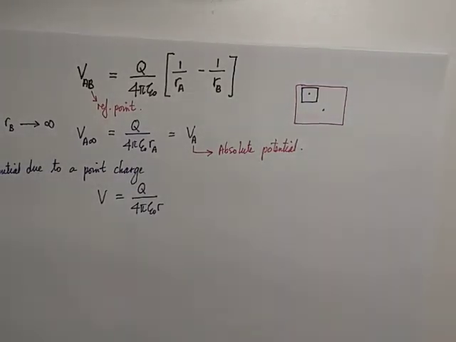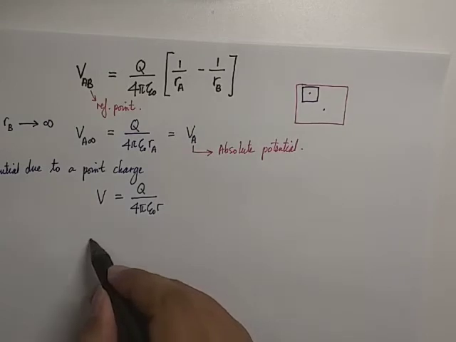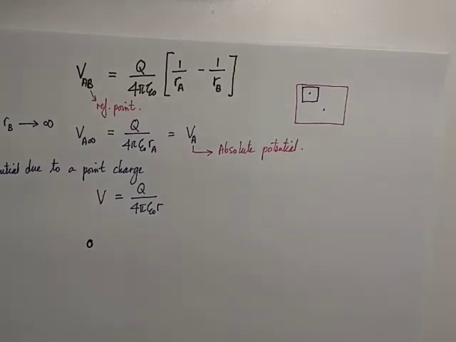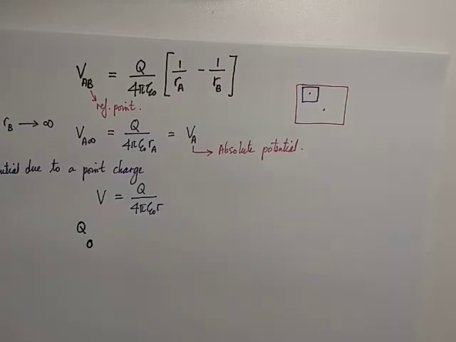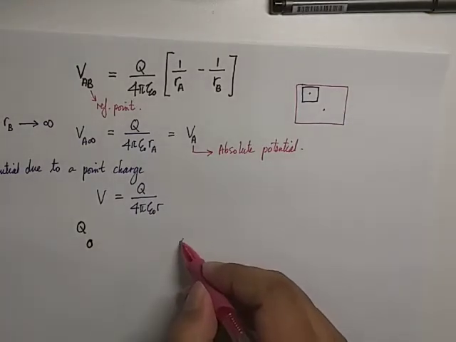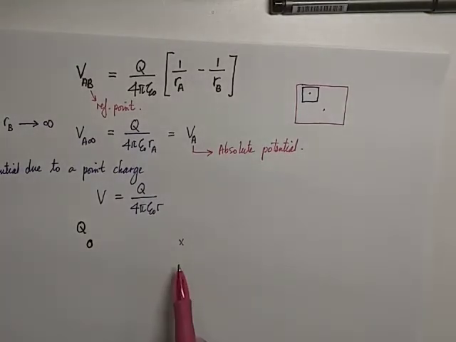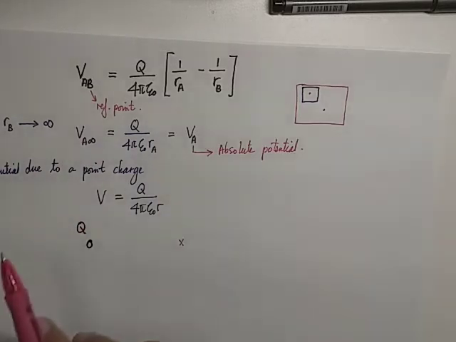Let's say this is our point charge, I'm going to call it Q. I want to find the potential here, and we can see only one point. So we call it absolute potential because we are assuming the reference for this potential is located not inside this paper, it is outside, so it's infinite.